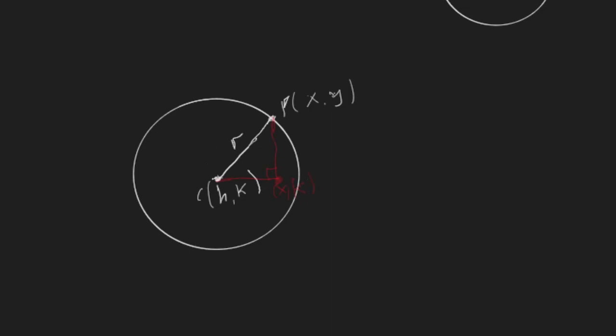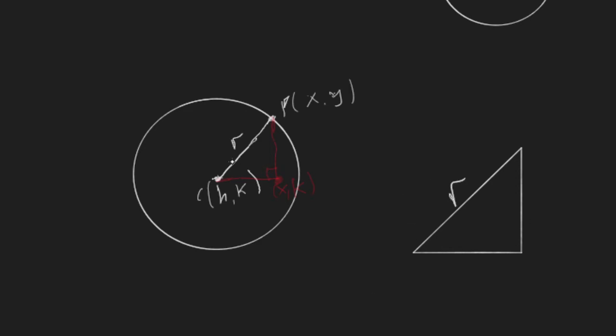Let me draw the right triangle. Let me take the right triangle out of the circle and see. It's the same thing I've taken from the circle.